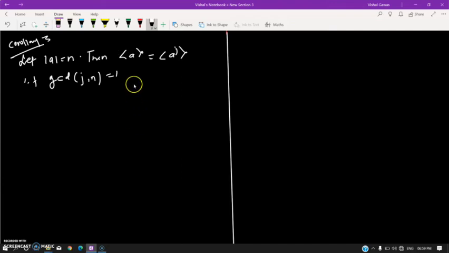And order of A is the same as order of A raised to J if and only if, same idea, GCD of J and n is 1. So A raised to J will generate the same subgroup as A, provided they are relatively prime. This is very easy from the previous theorem.